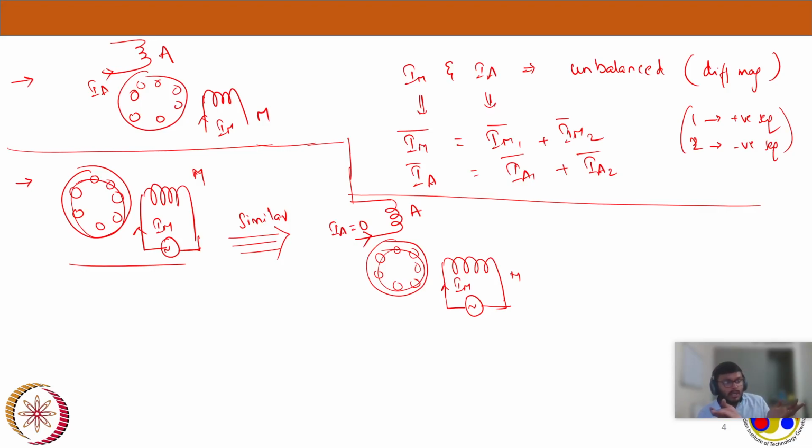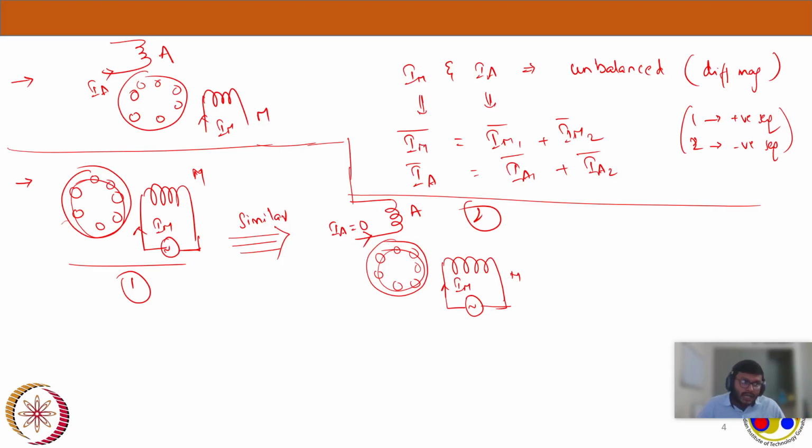So I don't see any difference between figure 1 and figure 2. Both figures are the same. I have just introduced a fictitious winding, an auxiliary winding, which I am not exciting, so it doesn't make any change. Both situations are the same.